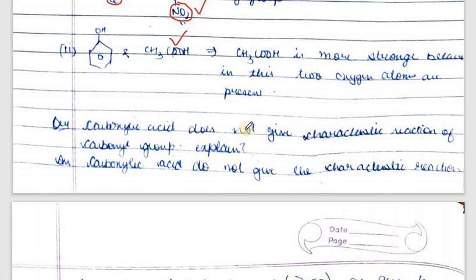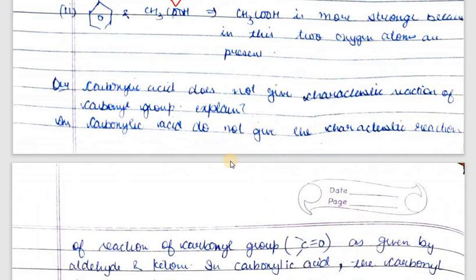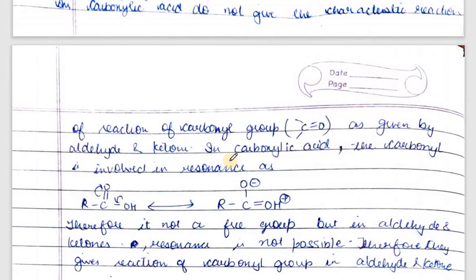Now, carboxylic acid does not give the usual reactions of the carbonyl group. Why? We know that the carbonyl group is present in aldehydes and ketones, but in carboxylic acid, OH is also present, due to which two lone pairs are present on the oxygen, and these electron pairs can move to the carbonyl.